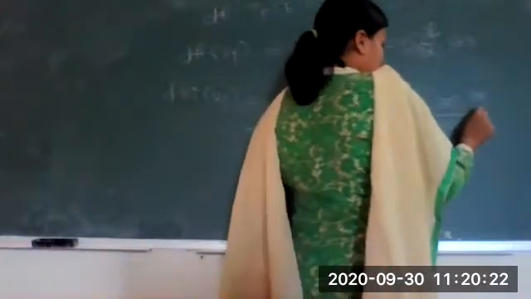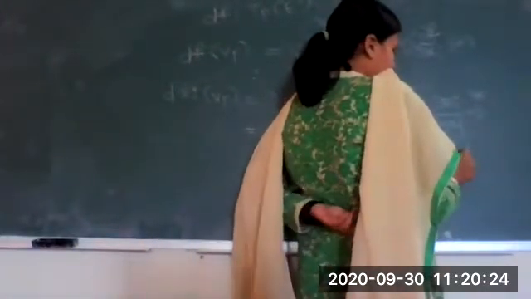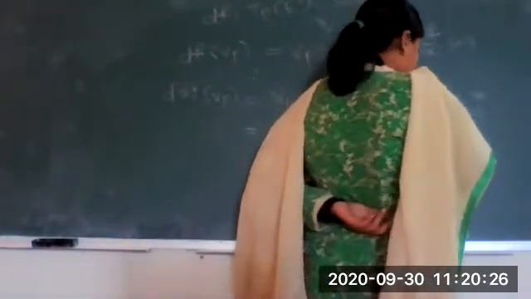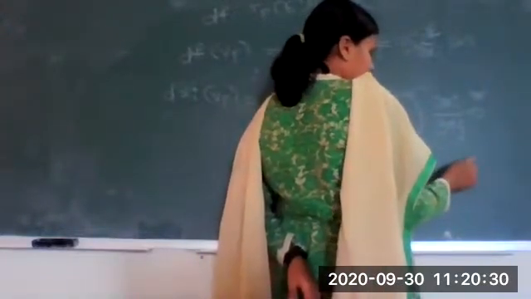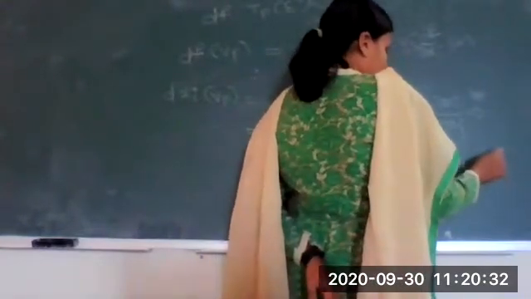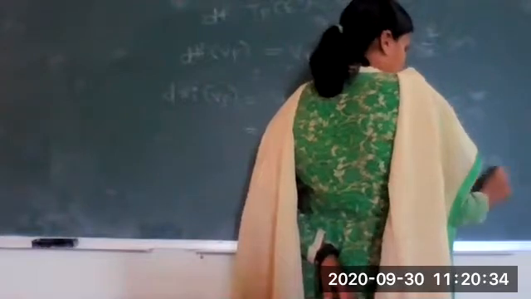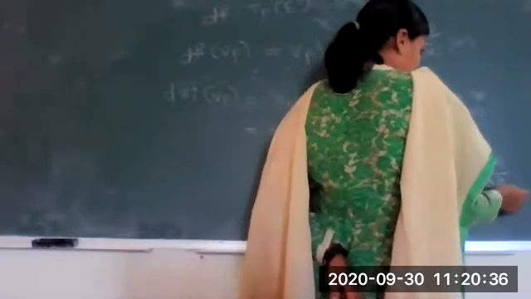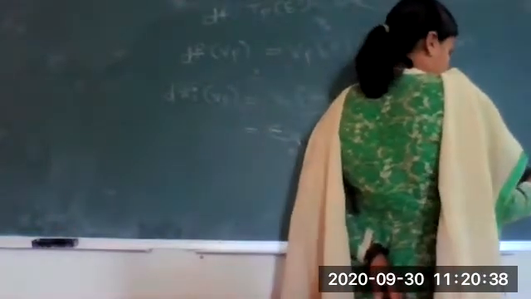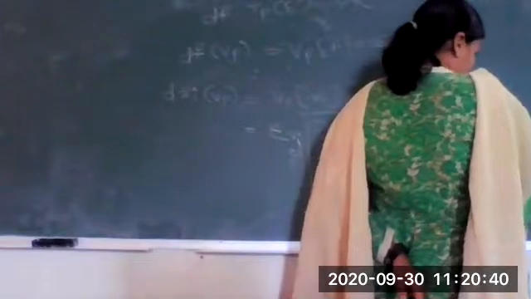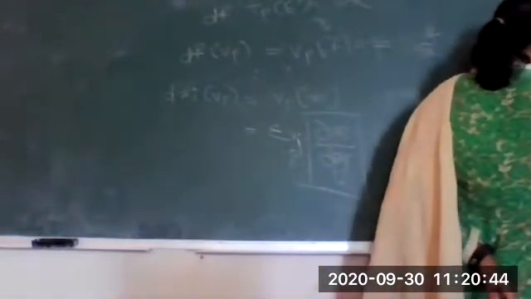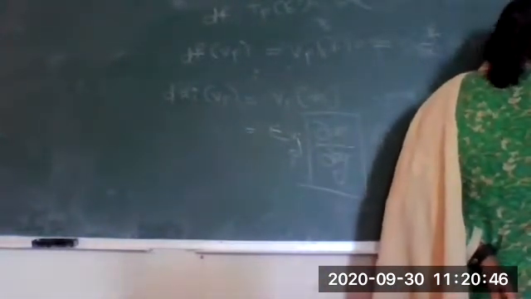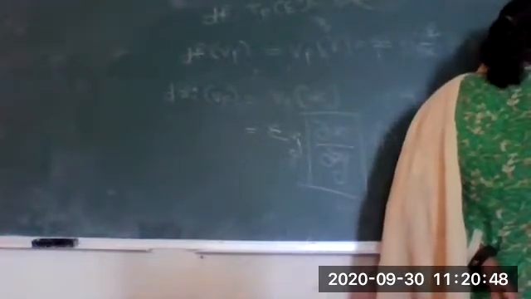If I want to evaluate this, first keep j as 1: v1 ∂x1/∂x1 plus v2 ∂x2/∂x1 plus v3 ∂x3/∂x1. Correct?